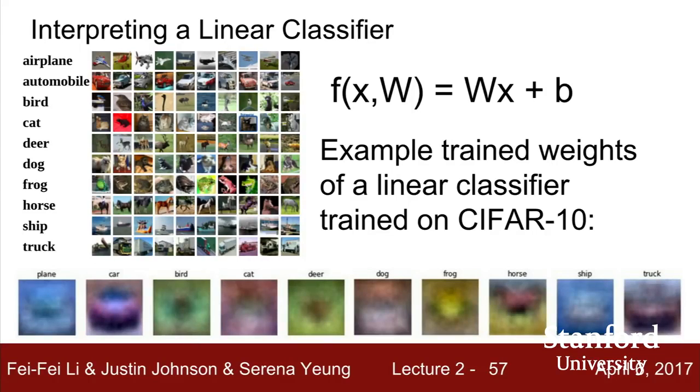And if you look carefully, the horse actually seems to have maybe 2 heads, 1 head on each side. I've never seen a horse with 2 heads, but the linear classifier is just doing the best that it can because it's only allowed to learn 1 template per category. As we move forward into neural networks and more complex models, we'll be able to achieve much better accuracy because they no longer have this restriction of just learning a single template per category.